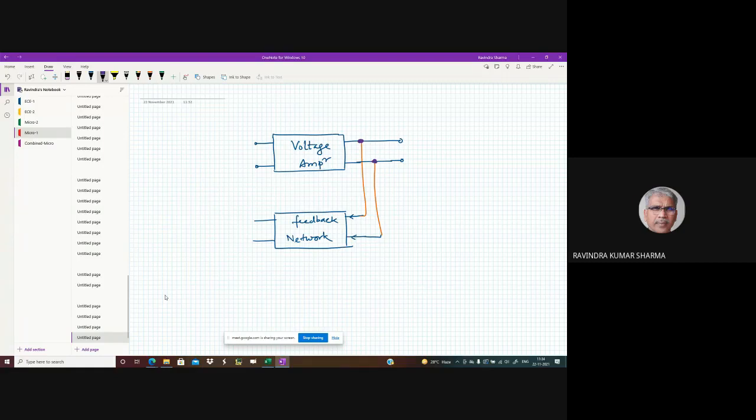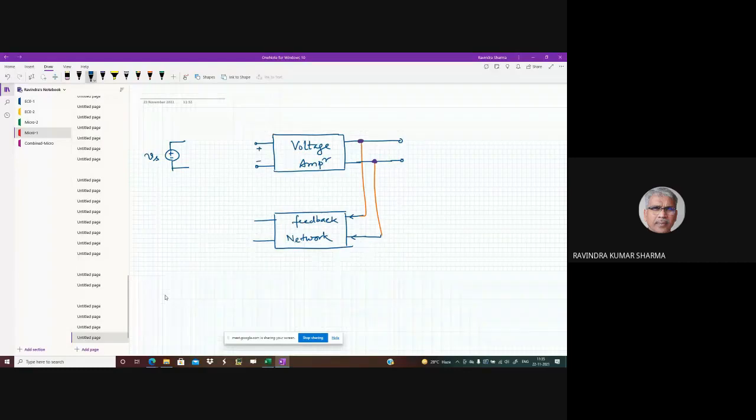Yes, sir. Now I have to mix. Here there is an input signal, this is the signal, and the feedback has to be mixed into it. Here the voltage is VI, and the voltage obtained from the feedback network is the feedback voltage. VF has to be mixed with VS. How will we mix it? Can we do it like this? Now here you have VF and here you have VS. What is VI right now?